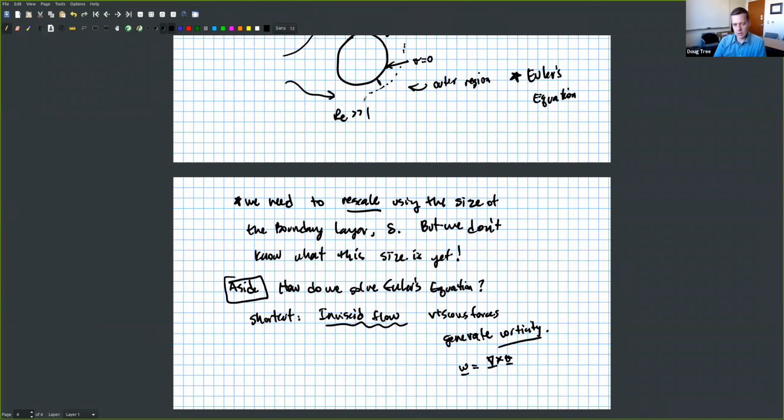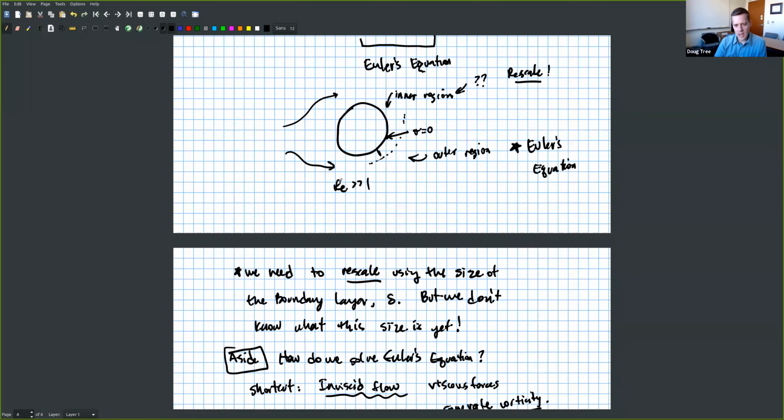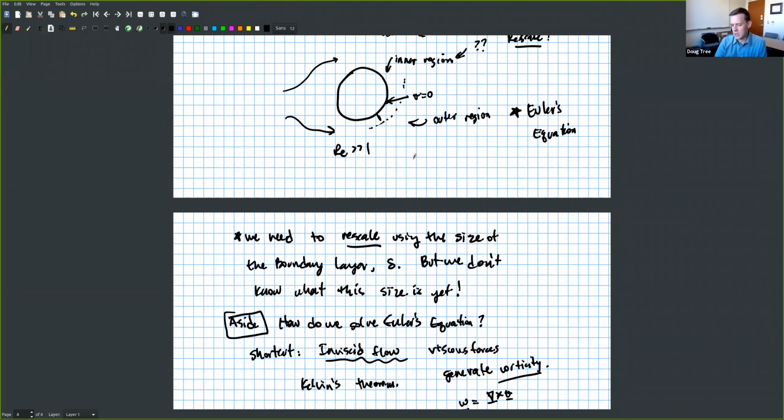So if you're in this outer region out here and you're inviscid, and the flow has no vorticity here, then the flow over here also has no vorticity, okay? And that's a theorem called Kelvin's theorem. So if you have laminar flow out here, it'll stay so long as you're in this outer region.